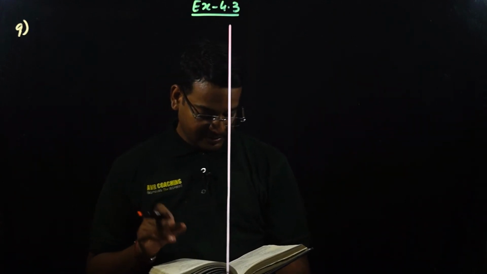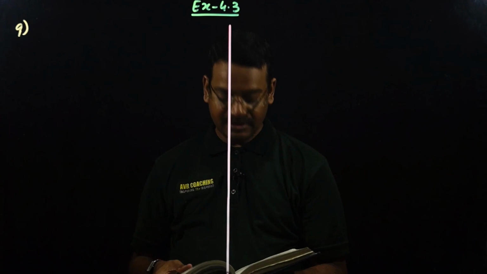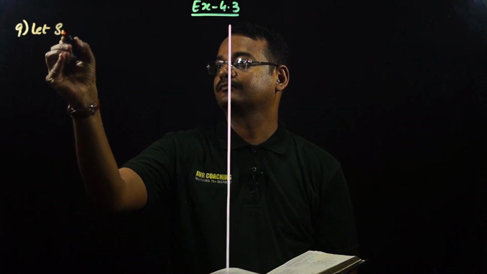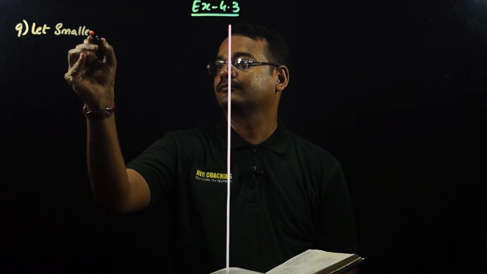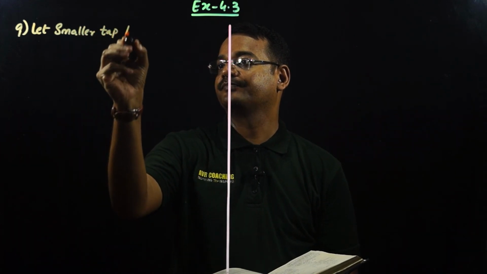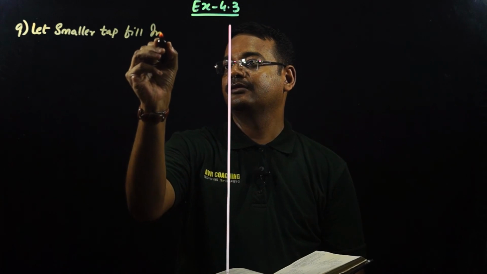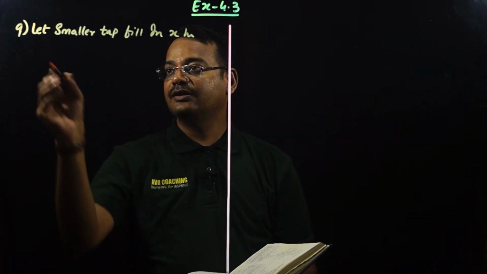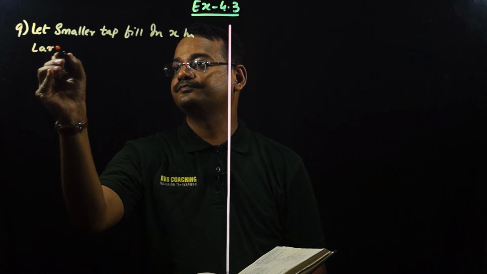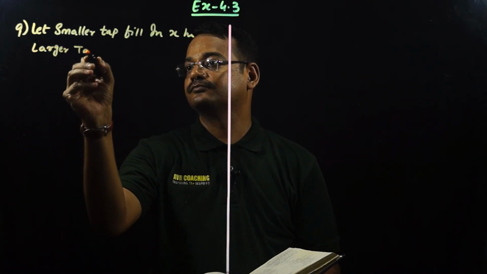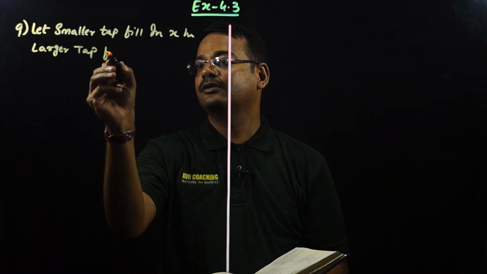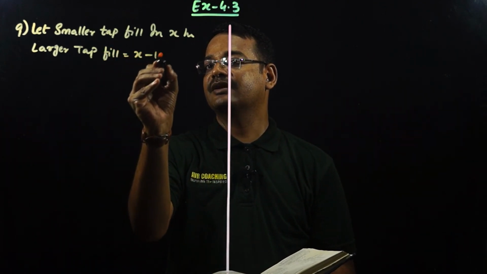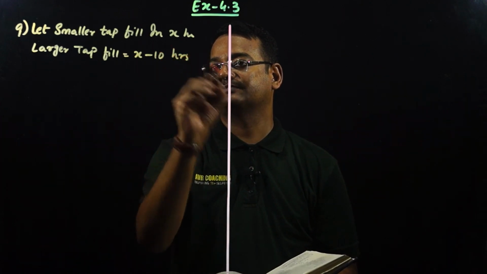So let the smaller tap fill the tank in x hours. We already know that the larger tap fills in 10 hours less than the smaller tap, so this will be x minus 10 hours.